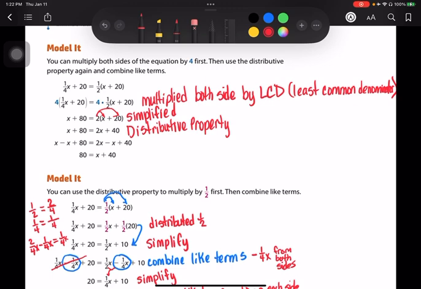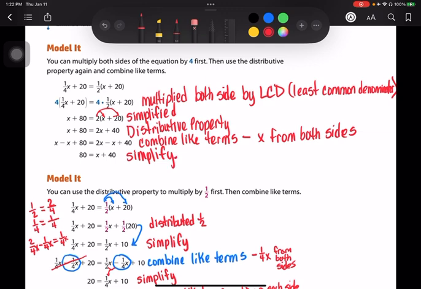Here we combine like terms, and we combine like terms here by subtracting x on both sides. Then all we did here was simplify from the previous line above. So now you have all that in your notes.